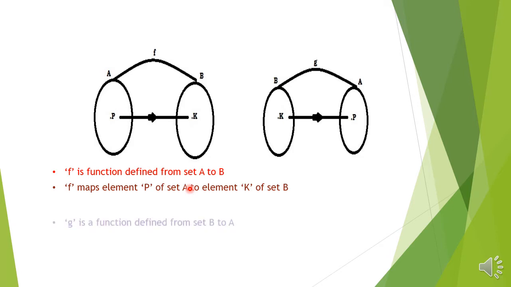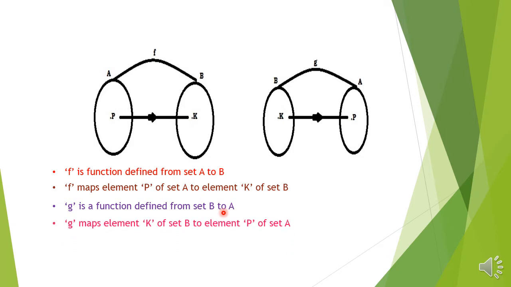Our other function g is defined from set B to A, where g maps element k of set B to element p of set A. In function g, k is mapped to p, and in function f, p is mapped to k. And our conclusion is function g contradicts the action of function f.